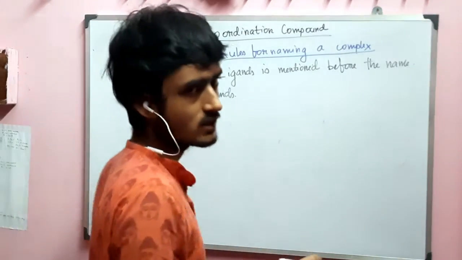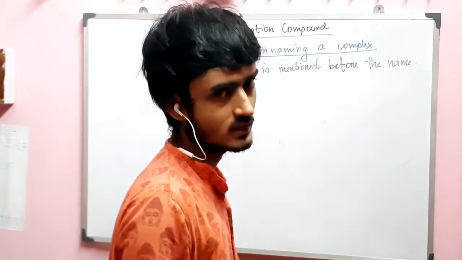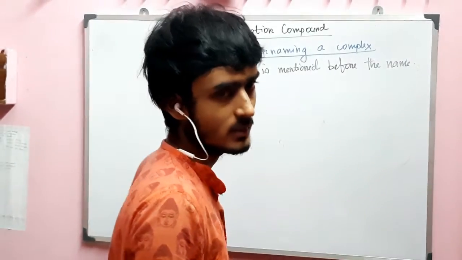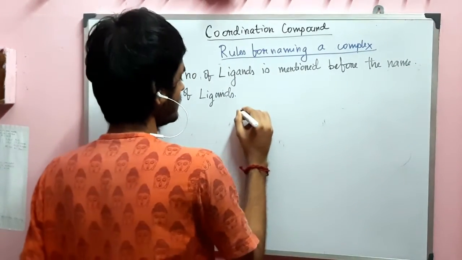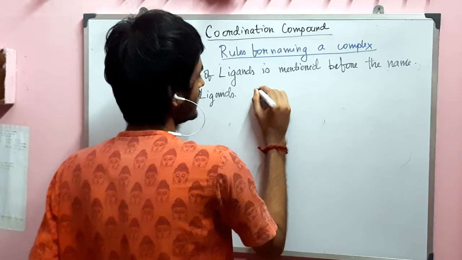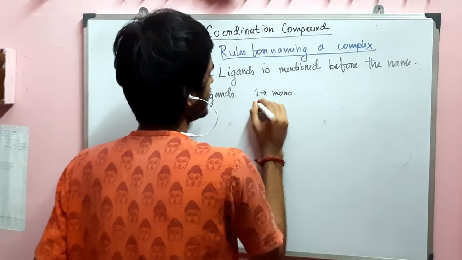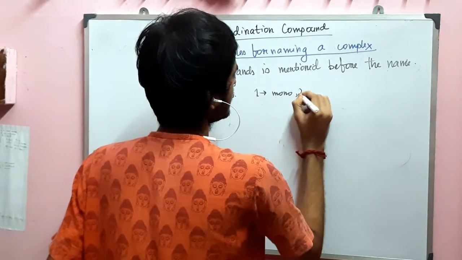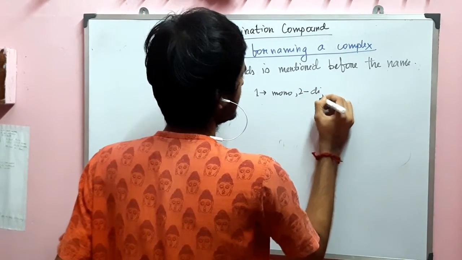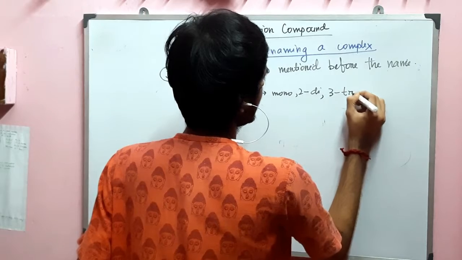I am telling the rule first, then I will be explaining this rule by an example. If the number of ligand is 1, then we call it mono. If 2, we call it di. If 3, tri.